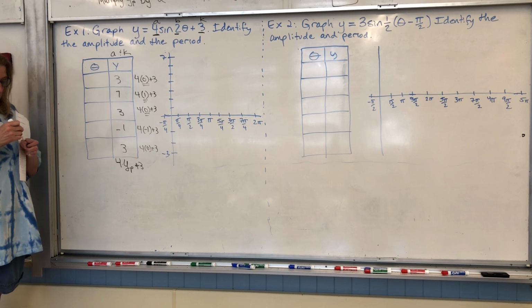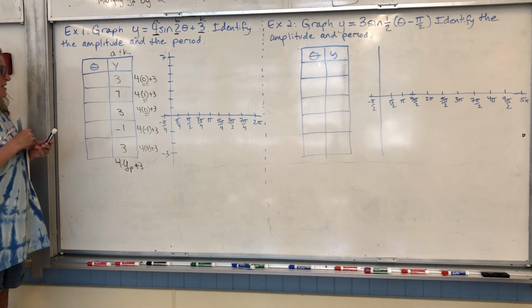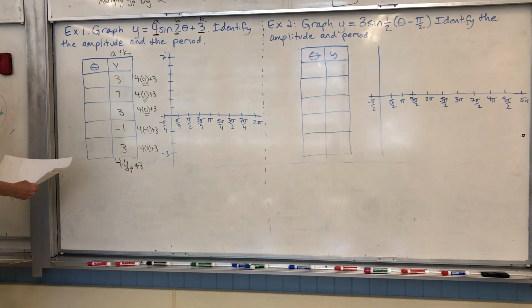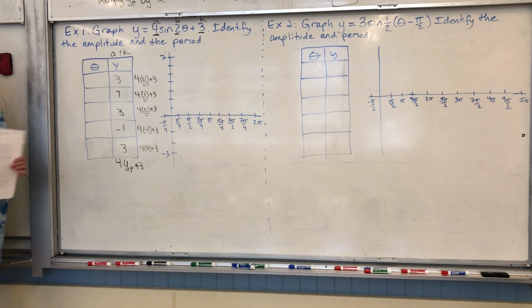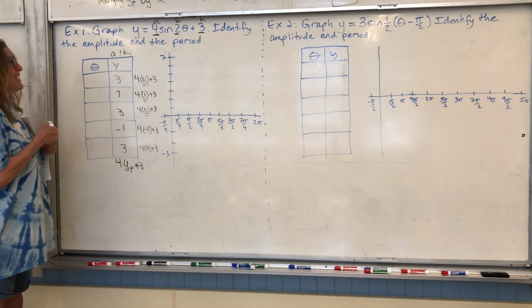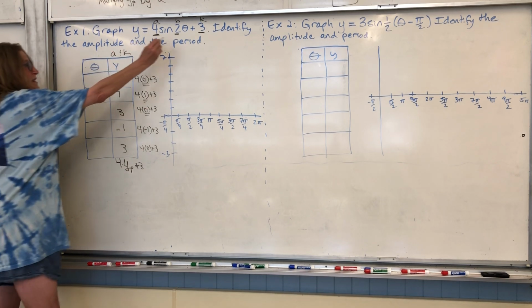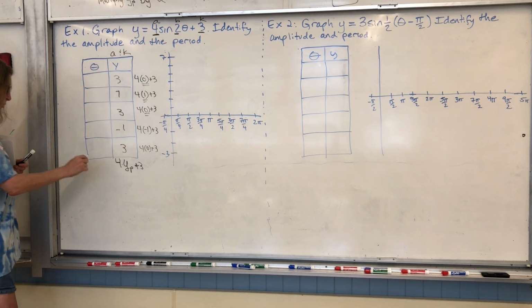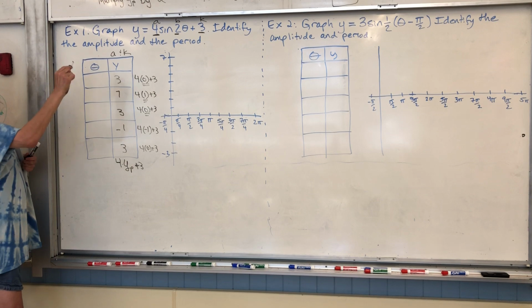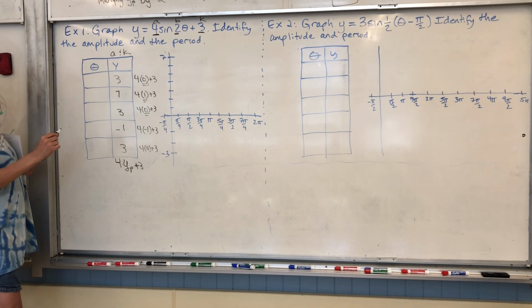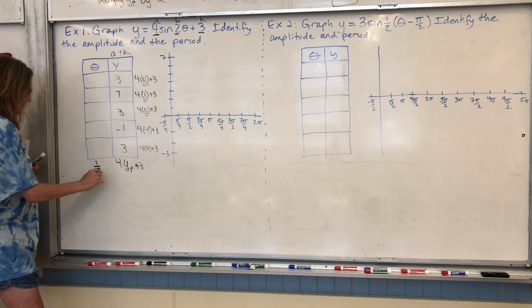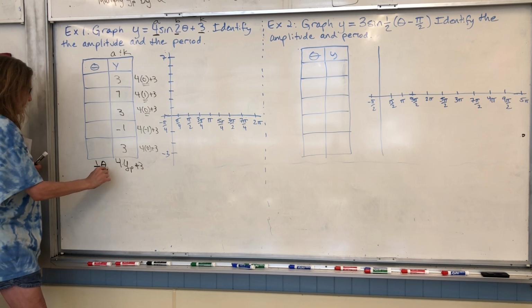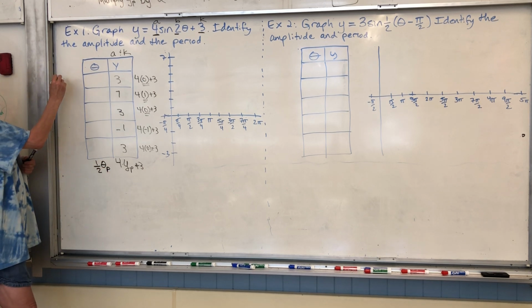Now, here's the thing. Some people don't like this part because you got pi's involved there, but you will get used to the pi's. Okay, so the B, remember, that I have to multiply all the theta parent values by the reciprocal of B. So the reciprocal of 2 is 1/2. So let's multiply every single theta parent value.